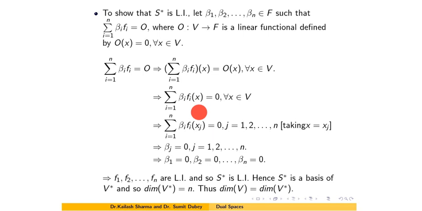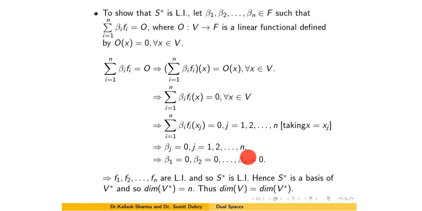So the sum of beta i fi xj equals 0 for j from 1 up to n.